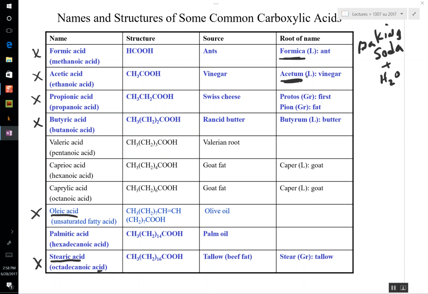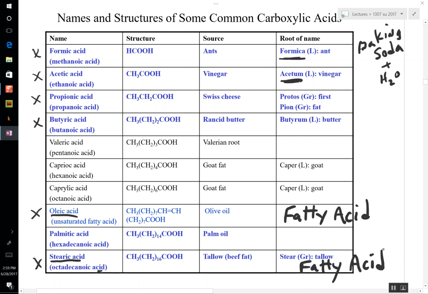All right, I think the next couple slides are going to look at these. These are fatty acids. We will talk about these a lot more in chapter 17 when we get to biochemistry, because these are major components of lipids, and particularly triglycerides.